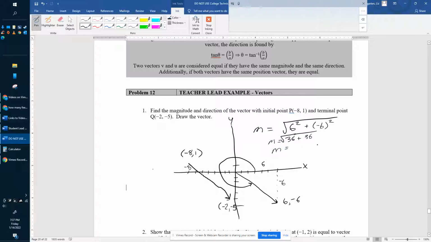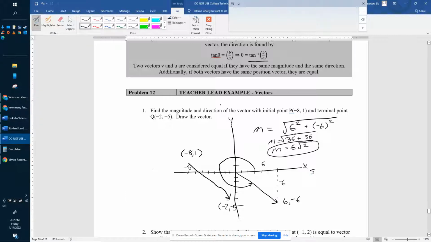M equals, we can factor out a 36 and get 6 times the square root of 2. That is our magnitude. How about our direction? We can use this inverse tangent formula.